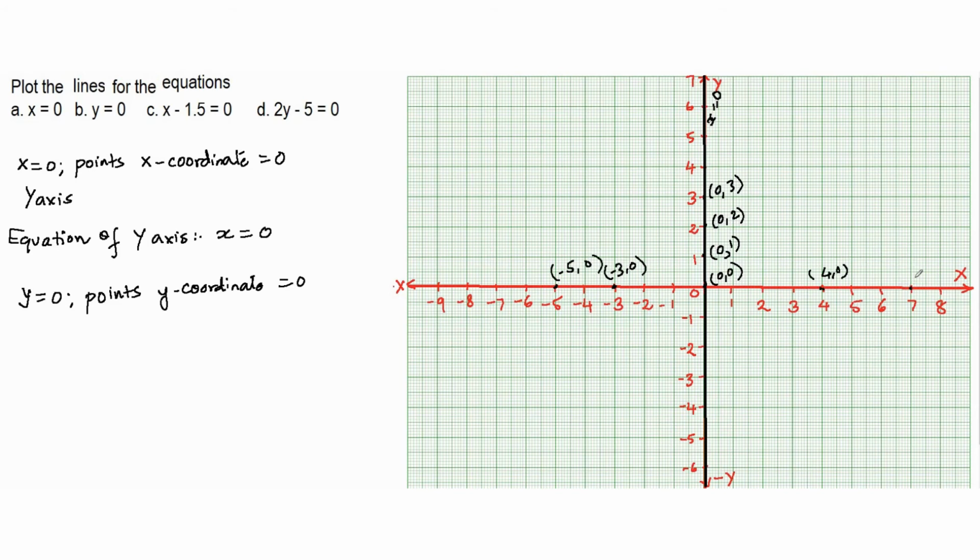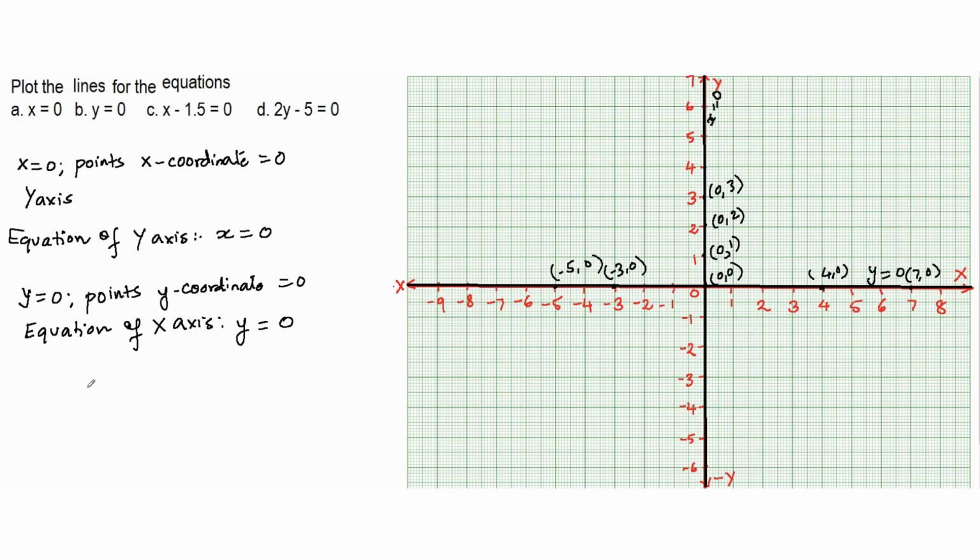This is 7, 0. So the line joining all these points is actually the x-axis. So the x-axis has equation y equals 0. So I can say that the equation of the x-axis is basically y equals 0, right?